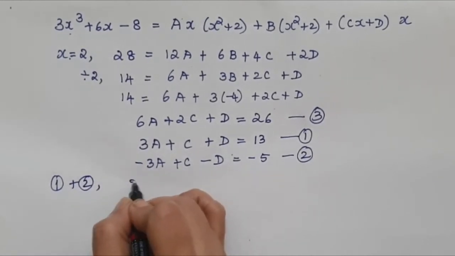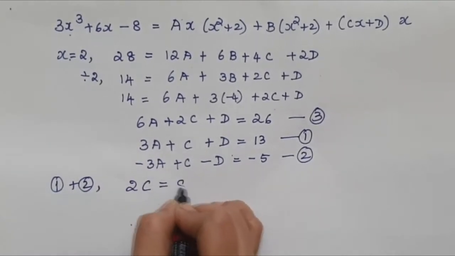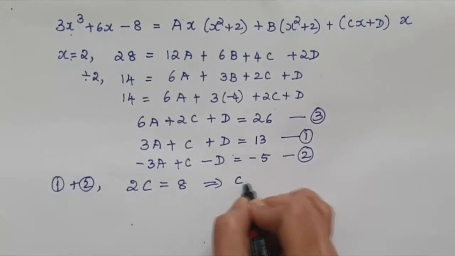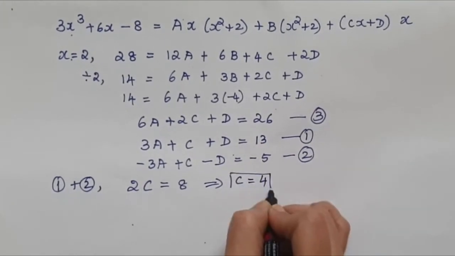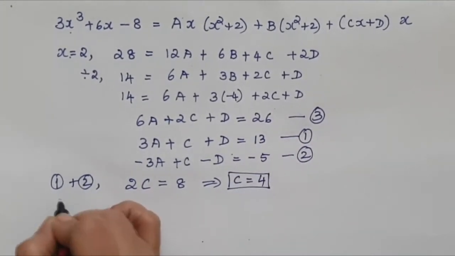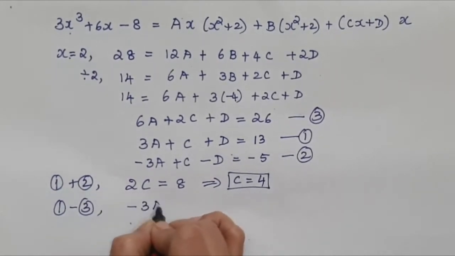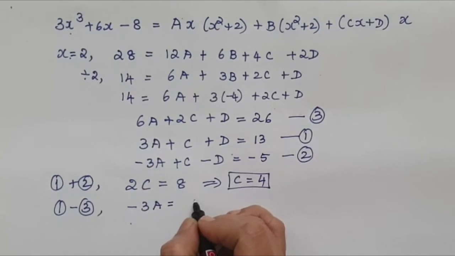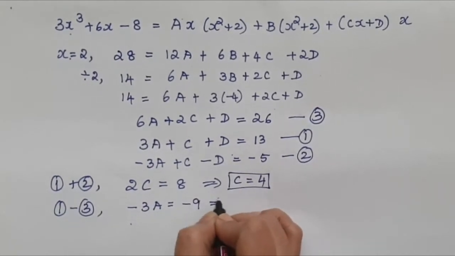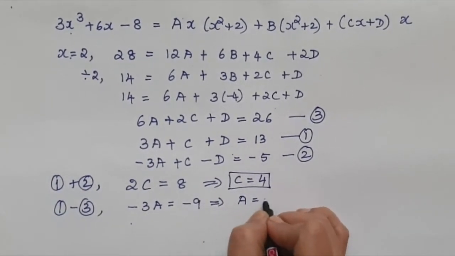When we add these two, we get 2c equal to 8, which implies c equal to 4. Now subtract equation 1 minus 3. We get minus 3a equal to minus 9, which gives us a equal to 3.